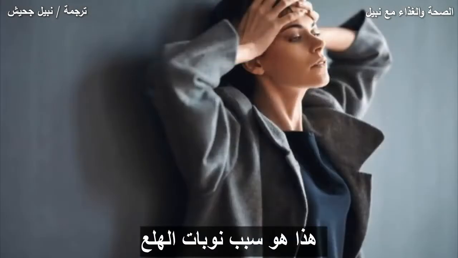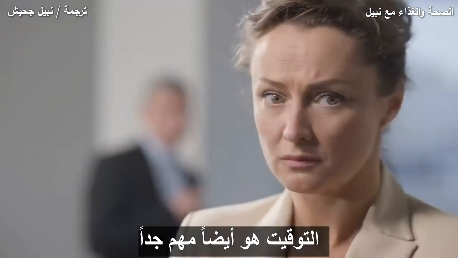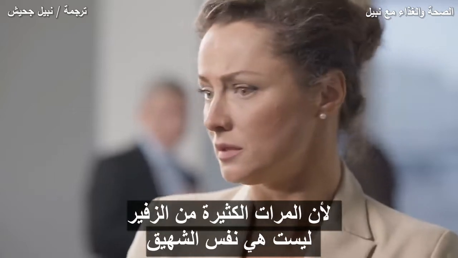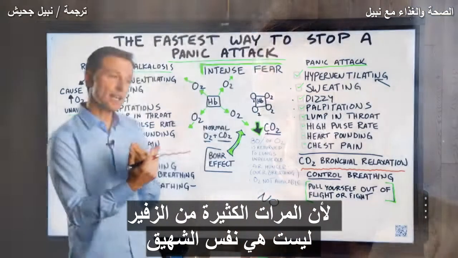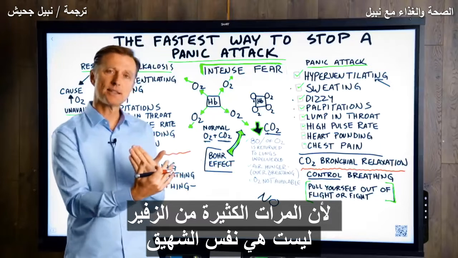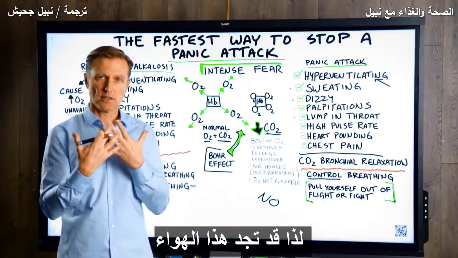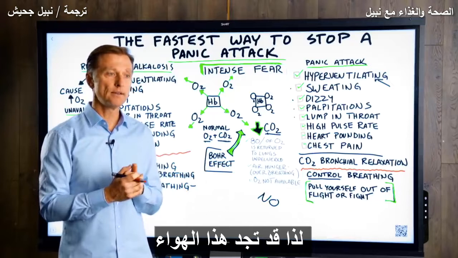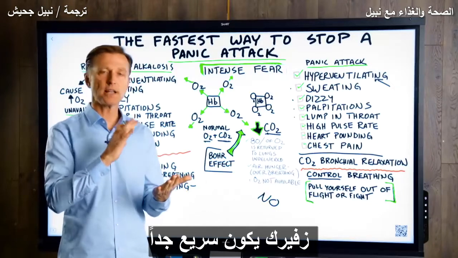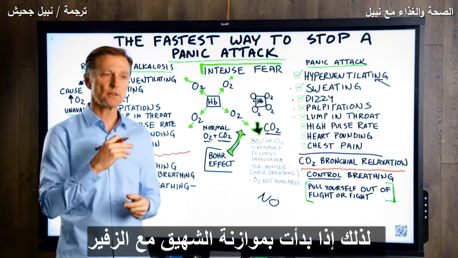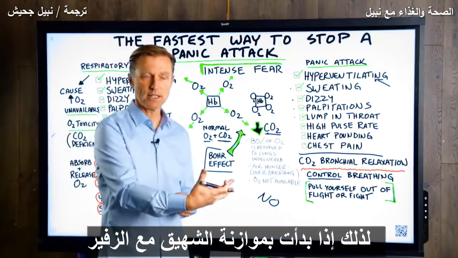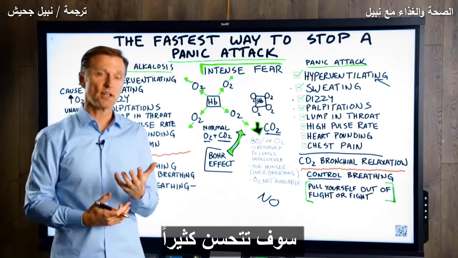This is why in a panic attack, the timing is also important, because a lot of times the exhalation, breathing out, is not the same as the inhalation. So you might find that your exhalation is too quick. If you start to balance out the inhalation with the exhalation, you're going to do much better.